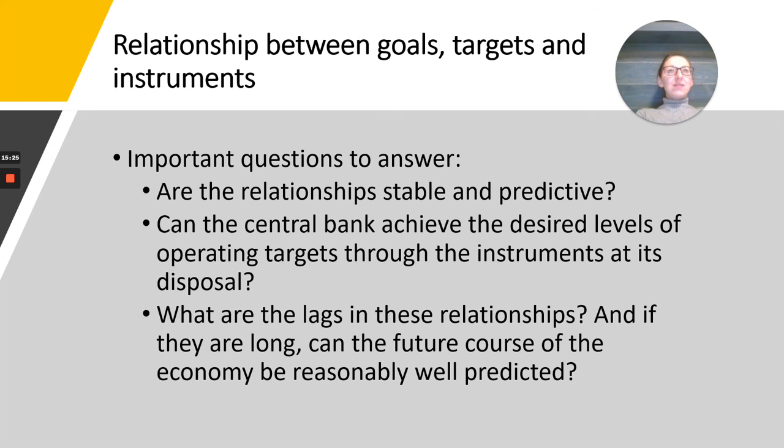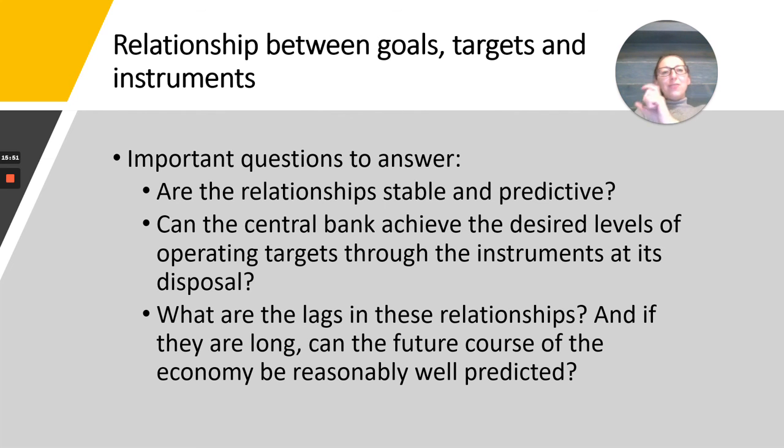Though it's okay, maybe we could really have a stable relationship, so we would know how much we need to change the discount rate in order for the interest rate to change by particular percents, and then the demand would change in a particular way, not only in direction but in particular size, and that's going to be the exact effect on the inflation rate.